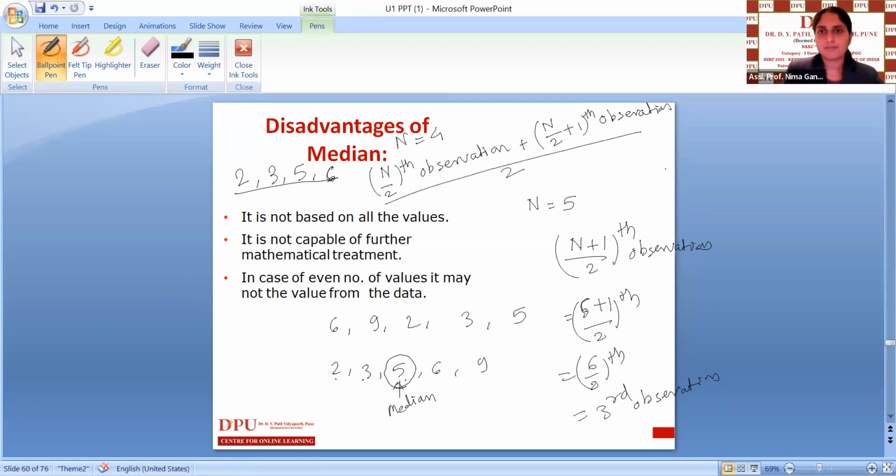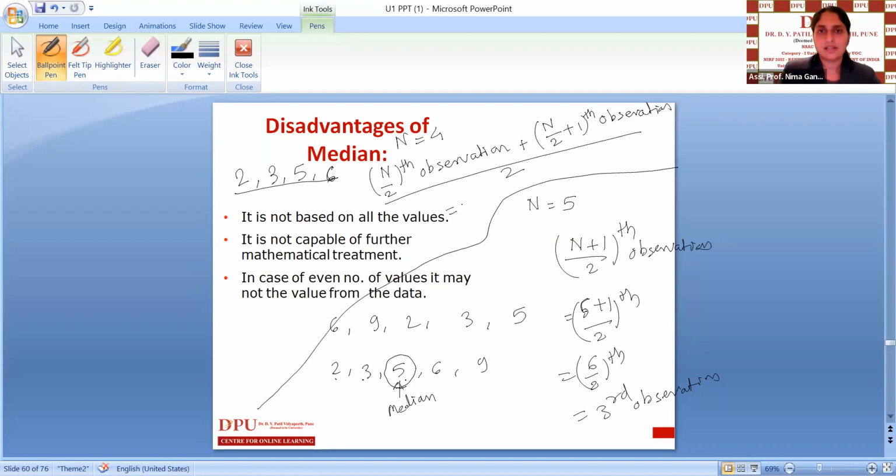So this is a separate example. What is the N by 2th observation? N is 4, so 4 by 2 means the 2nd observation, plus N by 2 plus 1, that is 2 plus 1, the third observation. The second observation plus the third observation divided by 2. The second observation is 3, the third observation is 5, so 3 plus 5 divided by 2 is your median. That is, the median is 4.